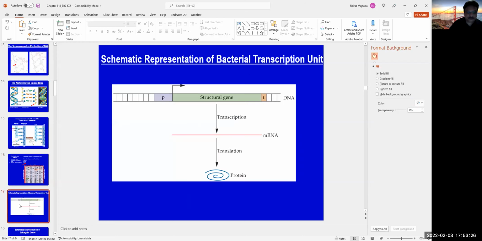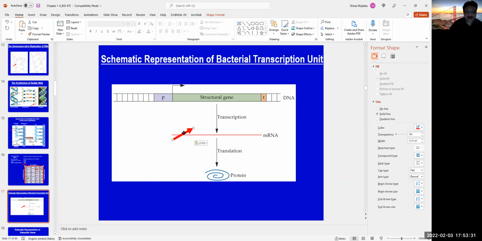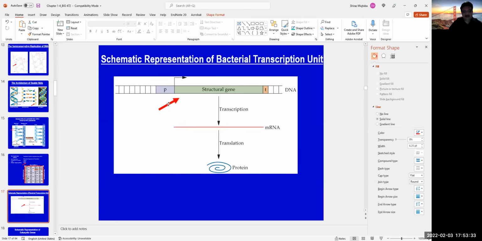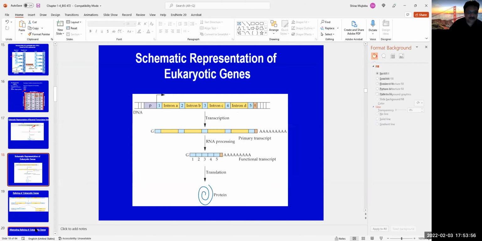And now if you look at a typical gene in bacteria, there's a promoter to which RNA polymerase binds, and there is one gene that can make one protein, and this protein can be translated. Or there can be several genes together, adjacent from one end to the other end. But eukaryotic is complex, right?